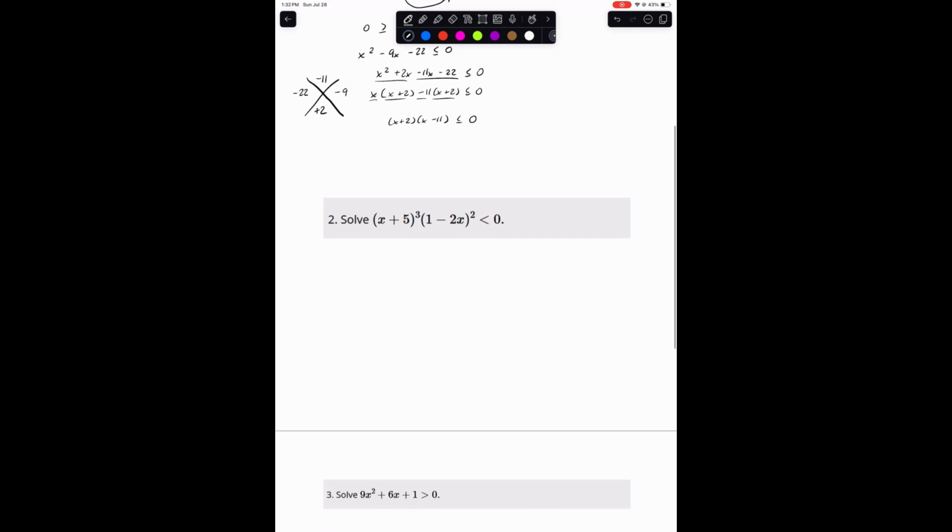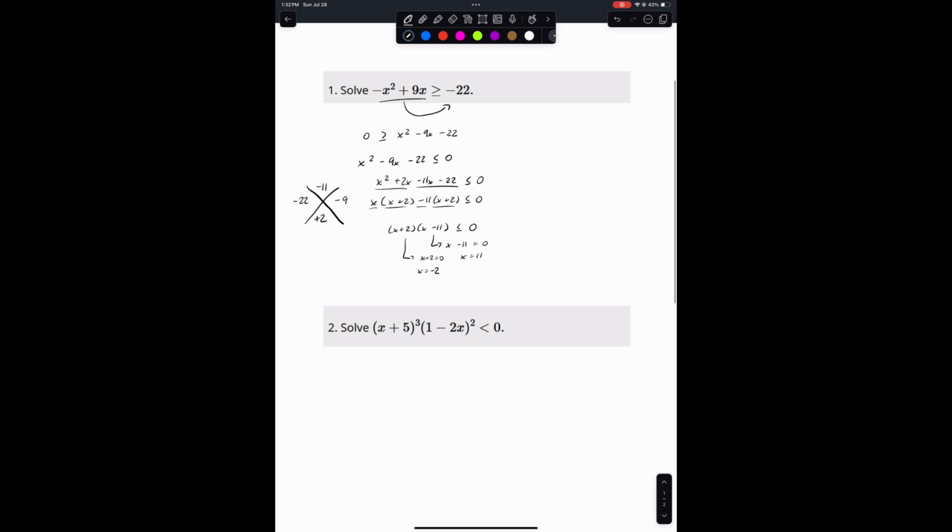Now, our critical values are when we hit exactly 0. So we have x equals 11, and x equals negative 2. Our sign chart is going to have negative 2 and 11 as our boundaries.